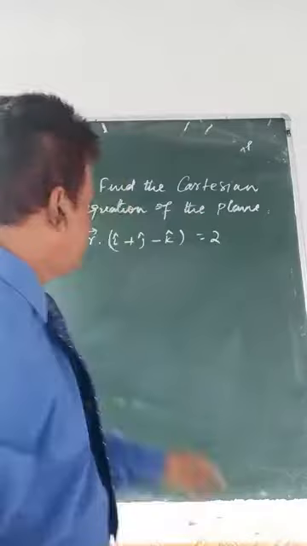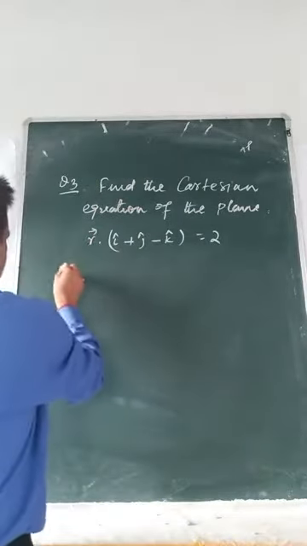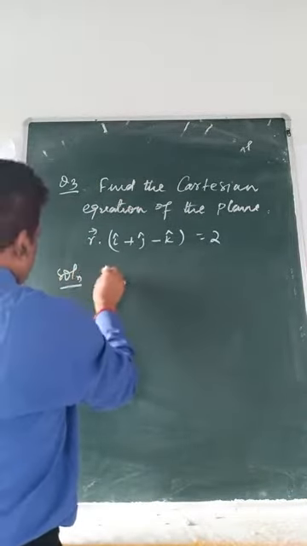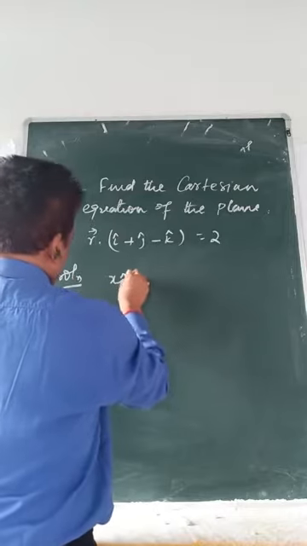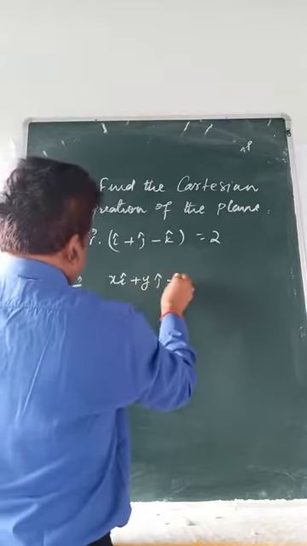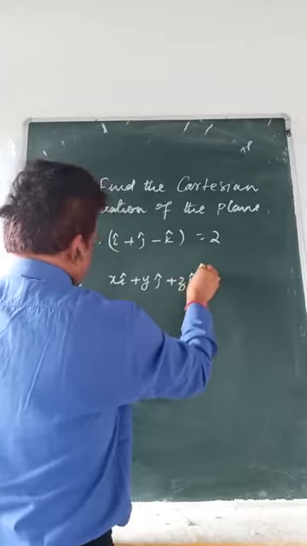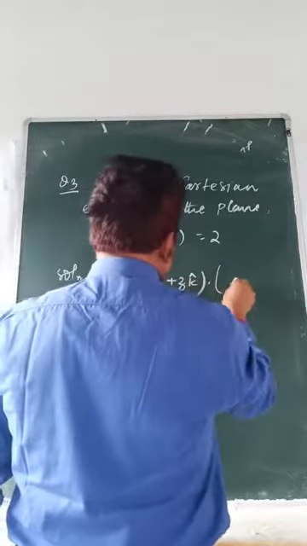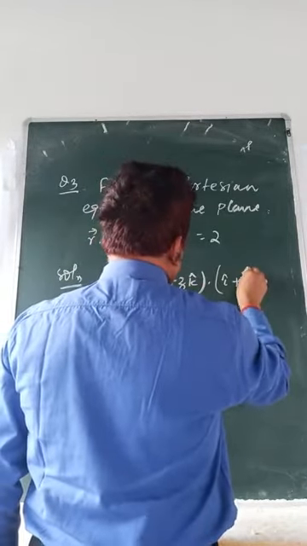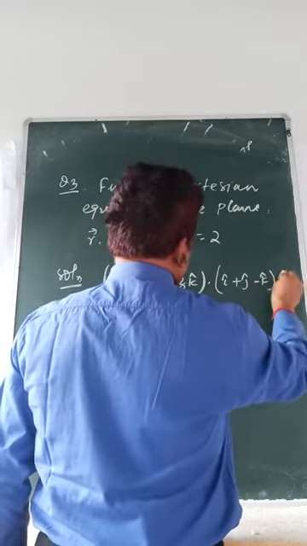So look, what is actually r? r means it is xi plus yj plus zk, dot i plus j minus k equals 2.